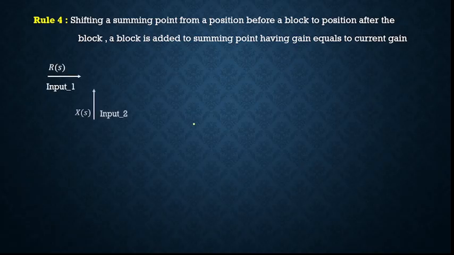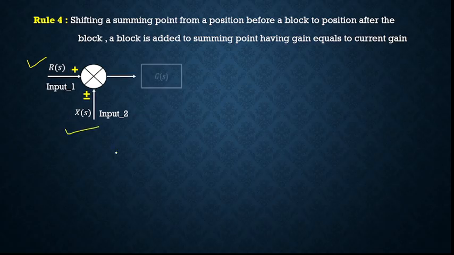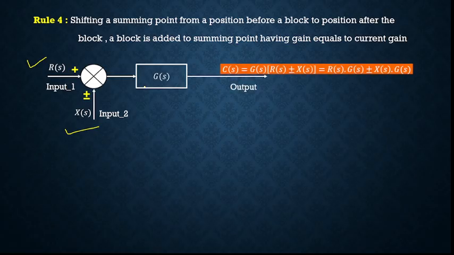So let's say you are having this summing point, plus minus is the sign, R of S is input 1, input 2 is X of S. Output of this summing point is given to a system whose function is written inside this rectangular block, which is G of S. So what will be the output here? Output is R of S plus minus X of S multiplied by G of S. So this will be R of S into G of S plus minus X of S into G of S.